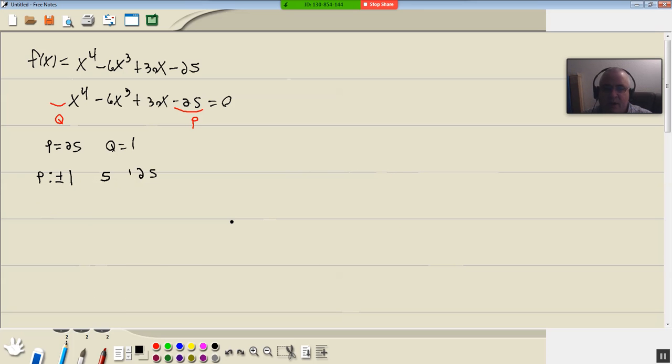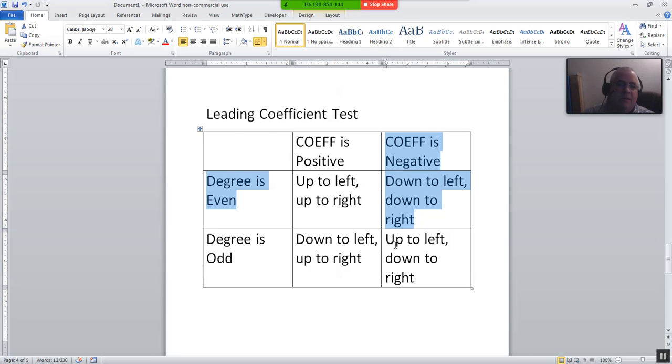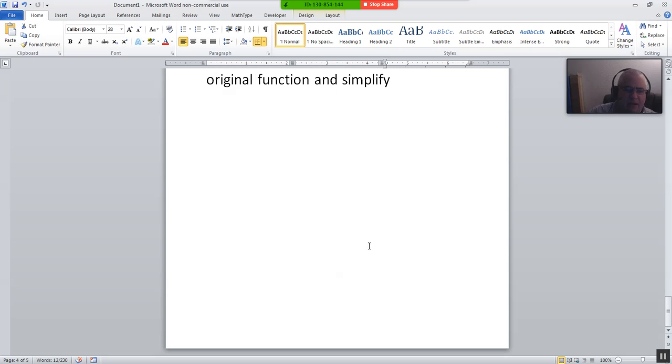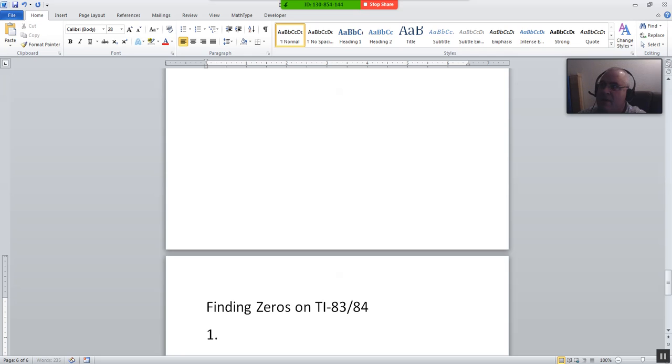Now I'm going to repeat this process using the TI-84. So, finding zeros on a TI-84. Step 1. We're going to put the polynomial in Y1 and 0 in Y2.